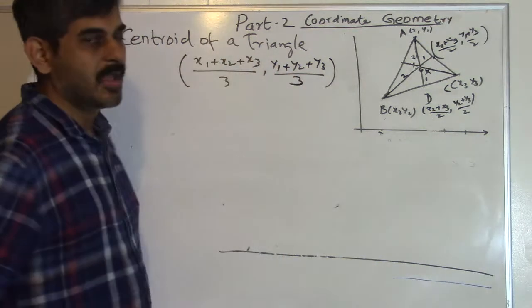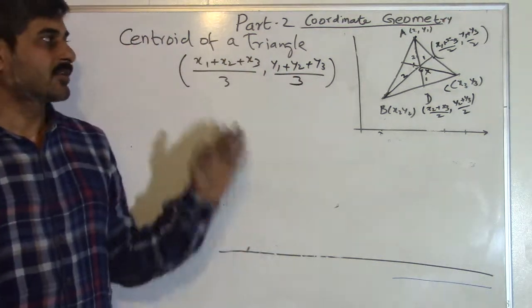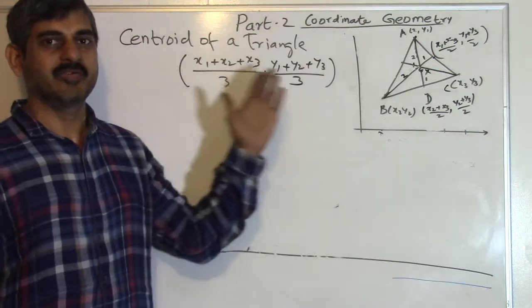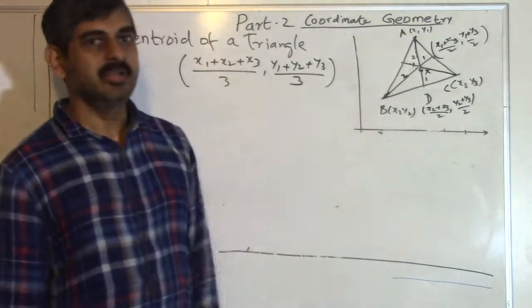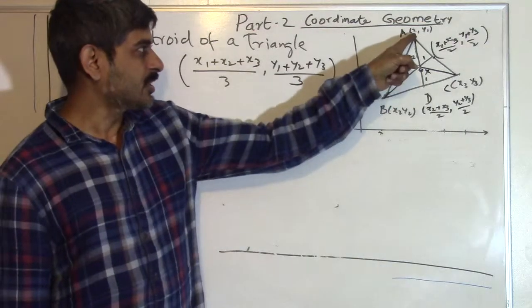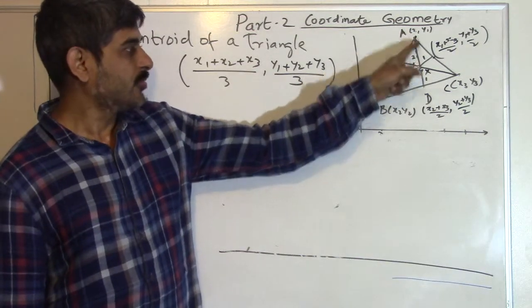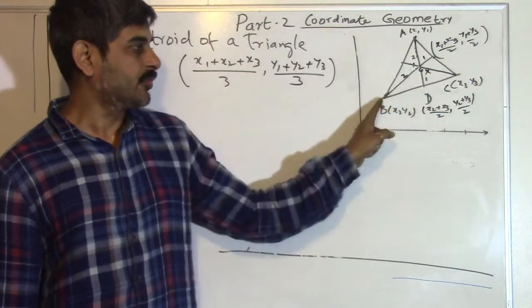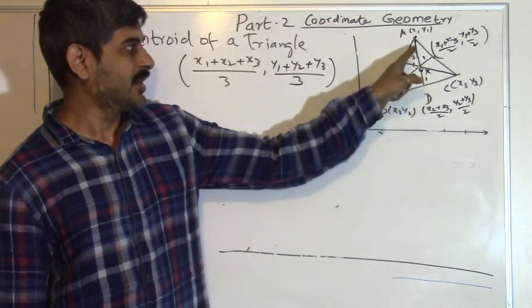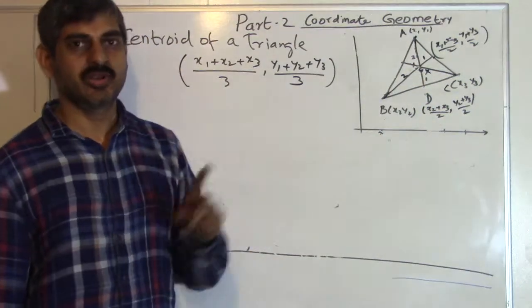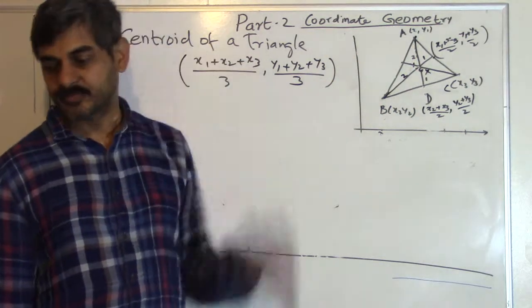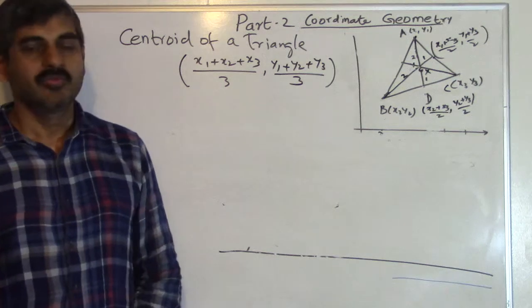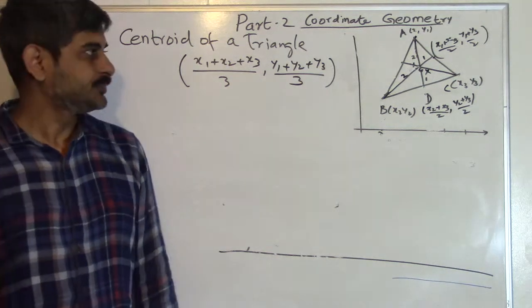We know that the centroid is given by this formula, and we also know that the line joining a vertex to the midpoint of the opposite side gets divided in the ratio 2:1. That is another important deduction that we have. We can use these things in our problems.